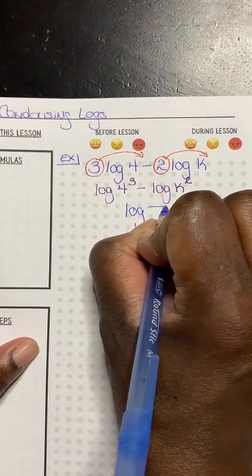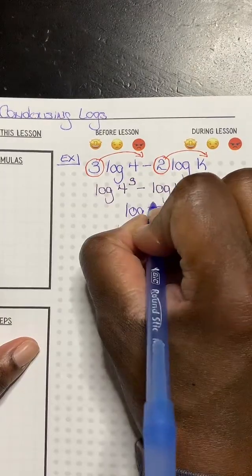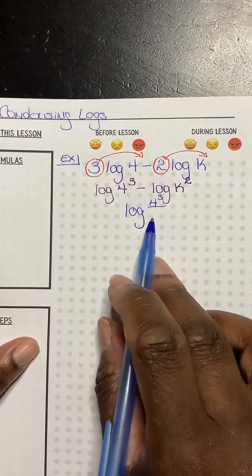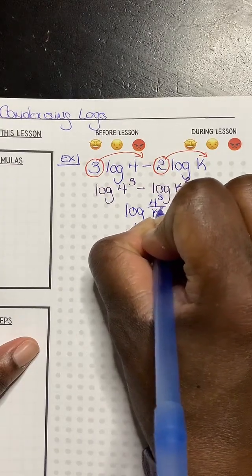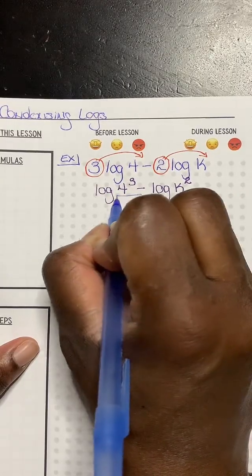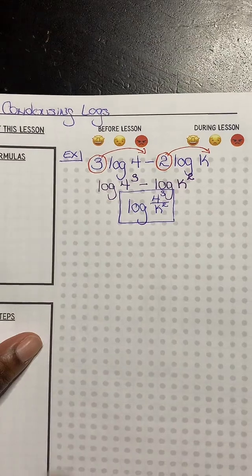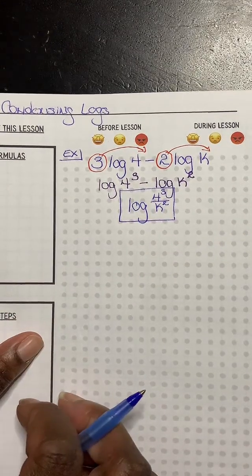But I'm going to write the first number as my numerator. So that's going to be 4 cubed, and it's going to be over k squared. And this is my answer. That is condensed. Okay? That's condensed.